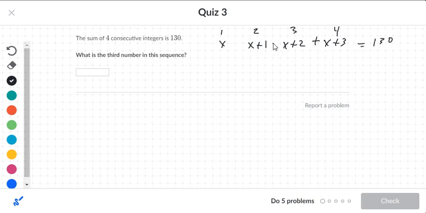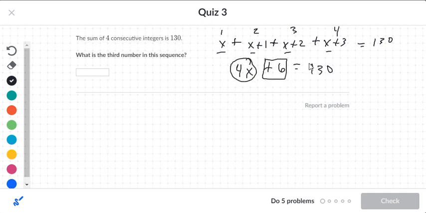Go back, put down your plus signs in front of those x's there. Count your x's. You should have 4 x's, and you do. Go ahead and add up your numbers. So 1 plus 2 plus 3 is 6, and this is equal to 130. Code your problem: B, C, D. Circle your letters, box your numbers.